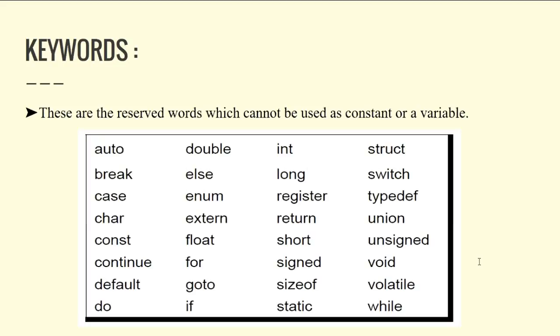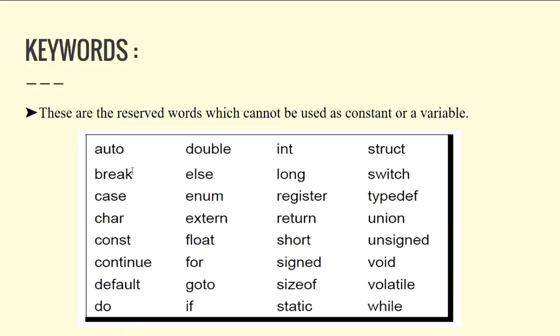Now keywords. This will be something new for you. Keywords are the reserved words in the C language. You cannot use these as constants or variables in any of the programs you will write in future in C language.